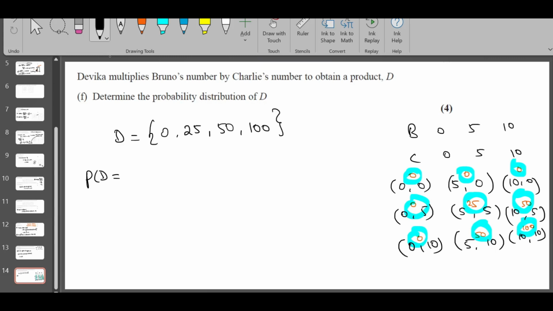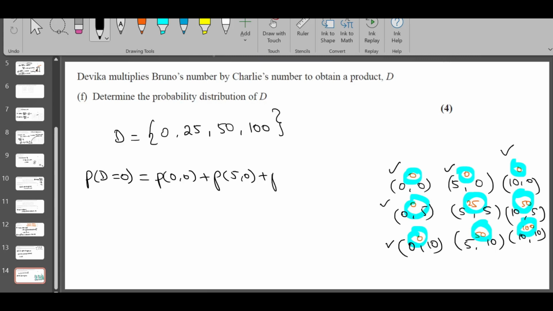When D is 0, how many combinations can you see? 1, 2, 3, 4, 5 combinations: P of (0,0), P of (5,0), P of (10,0), plus P of (0,5), plus P of (0,10). We know the probabilities corresponding to the numbers: for 0 it's 0.1, for 5 it's 0.2, and for 10 it's 0.7.